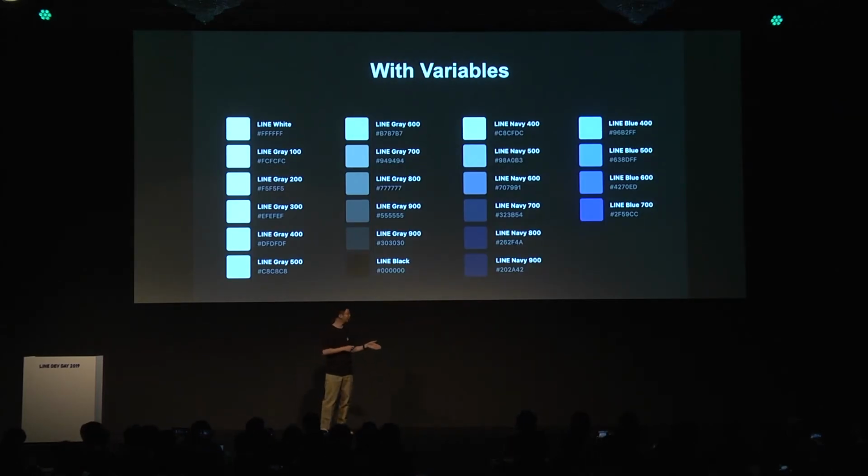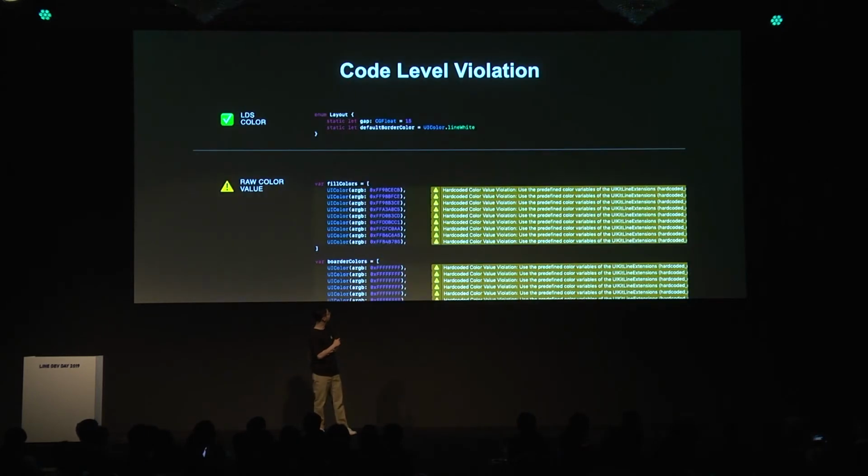So instead of using FFF, now we label them like line white. So having that name is not meaningful only for Sketch libraries. What I'm trying to say is that we made those variables into the color extension in Xcode. So what developers can see in their real situations is like this.